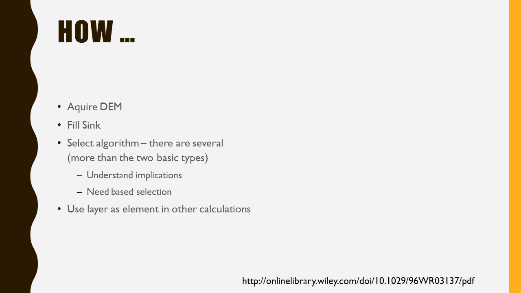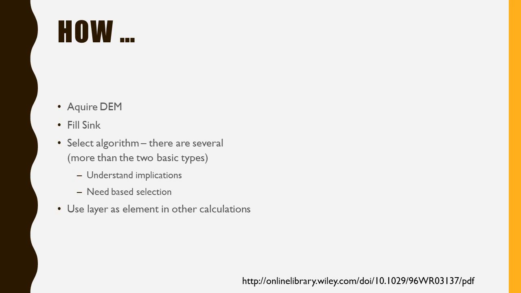So how do we do this? Well, the first thing you do is acquire a DEM, and then you fill the sinks. And there's lots of different algorithms for doing this, but you need to understand the implications of what you choose when you do these calculations. In other words, fully explore the help section and even check out sources like Wikipedia and other websites to determine what you don't know about a data set, and then select the data set that most closely meets your needs.